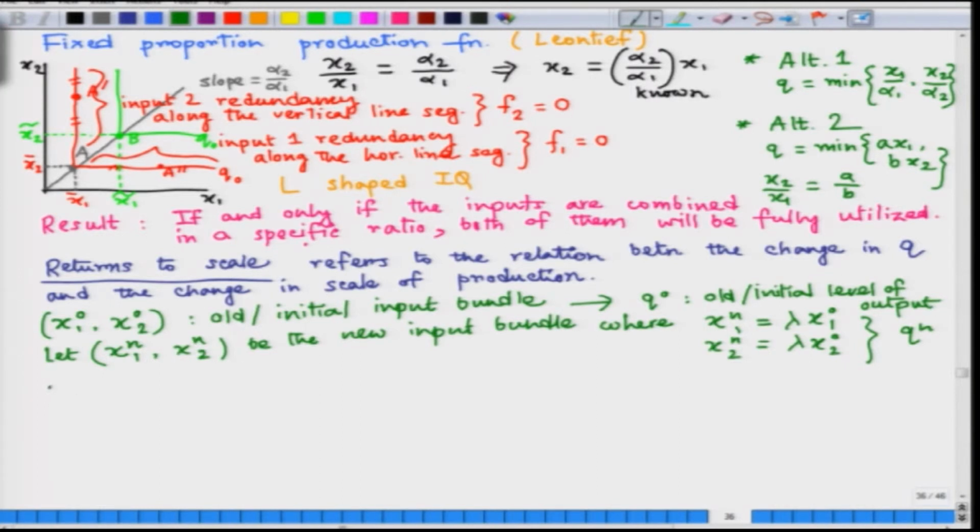So, now if Qn is equal to lambda times Qo, then the output has actually increased by the same proportion, right, and this is known as constant returns to scale, and this is abbreviated as CRS.